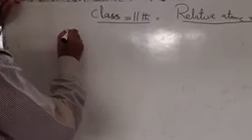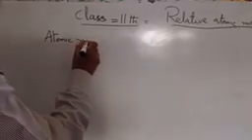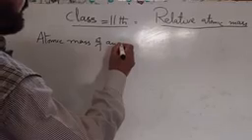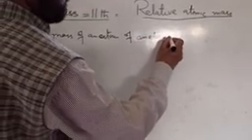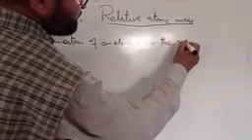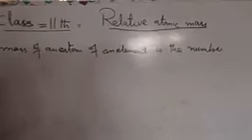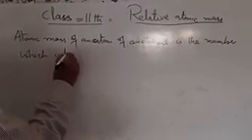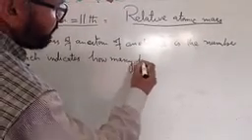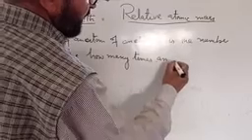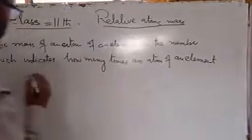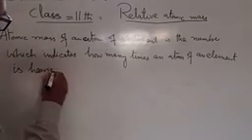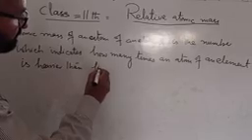The atomic mass of an element, of an atom of an element, is the number which indicates how many times an atom of an element is heavier than an atom of hydrogen.